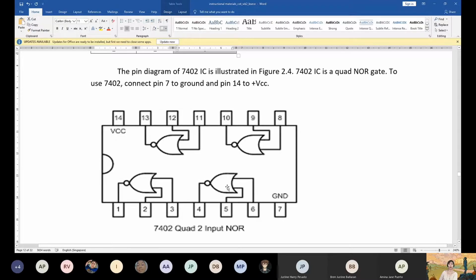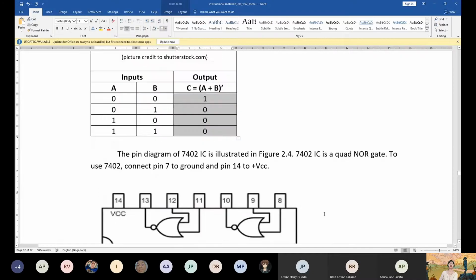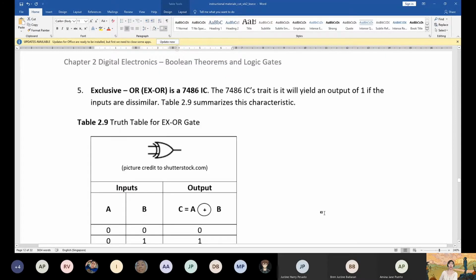For NOR gate number 2, the output is at pin 4 with inputs at 5 and 6. For NOR gate number 3, you have 8 and 9 as inputs, pin 10 the output, and 11 and 12 inputs, then pin 13 as output. Again, 14 and 7 you have to supply with VCC and ground respectively.